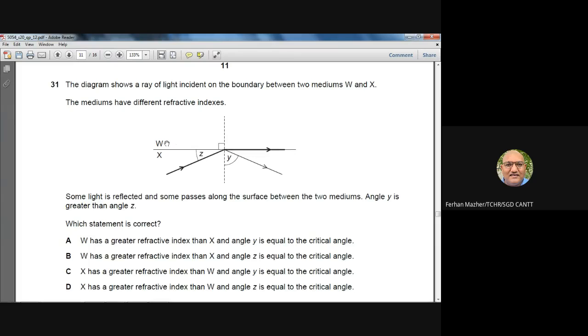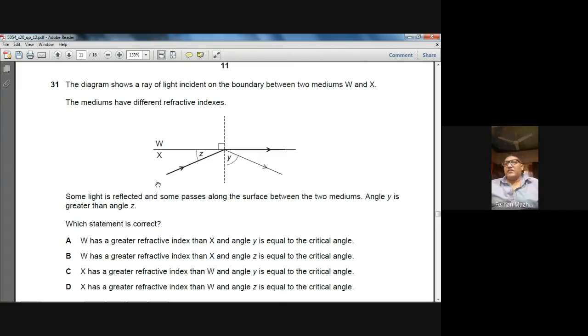You see here we have one medium W, and the other medium is X. The light was traveling in X, and when it entered the second medium W, it started moving at the boundary of W and X. So the angle of refraction here is 90 degrees. This phenomenon is getting near to total internal reflection.